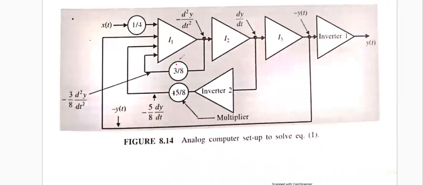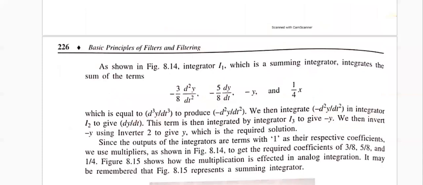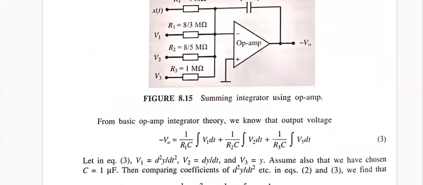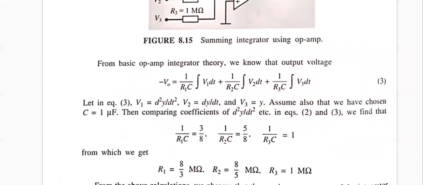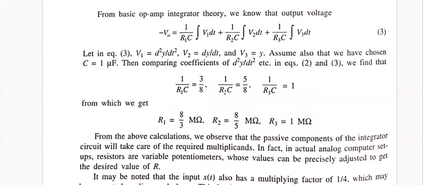That means what would be the amplification gain of each and every channel. For the last one, the amplification gain was 1, for the second last it is 5/4, and for the first one, the amplification gain is 3/8. To do that, we can choose the proper value of the R to find the amplification gain.